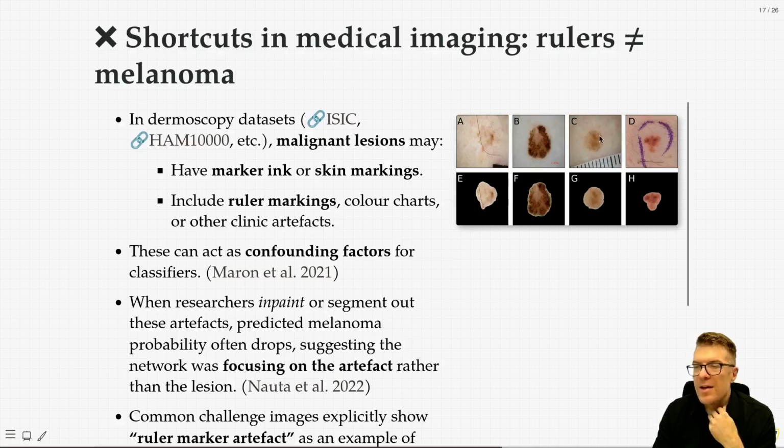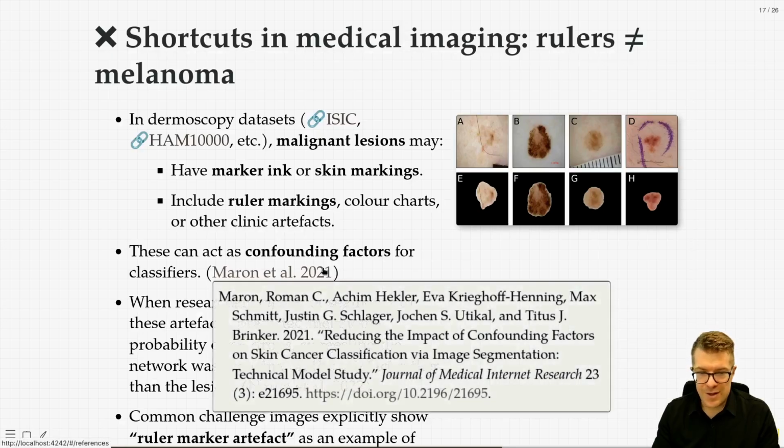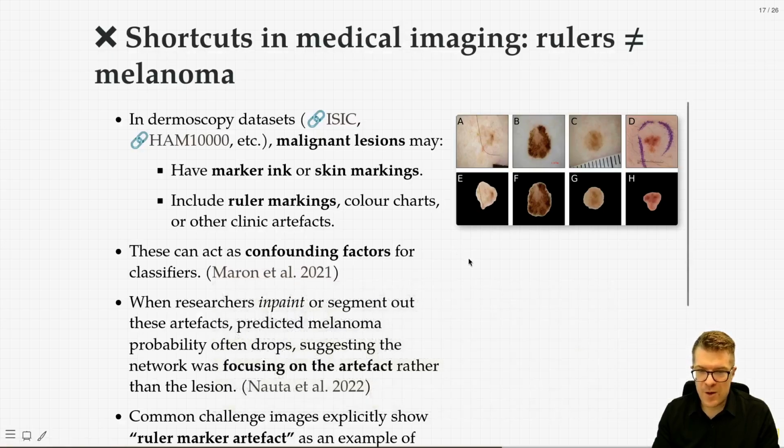Okay, so it's going to be much more likely that if a skin lesion is cancerous or potentially cancerous, there's going to be a ruler in it, or maybe some marker ink around it. So these are also confounding factors. So go ahead and read this paper if you so choose. This is not in the exam or anything, but this sort of describes this phenomenon.